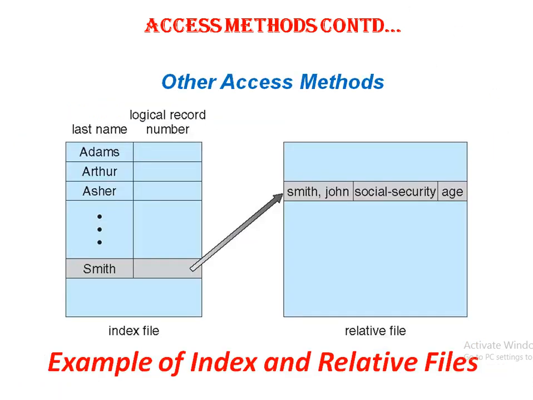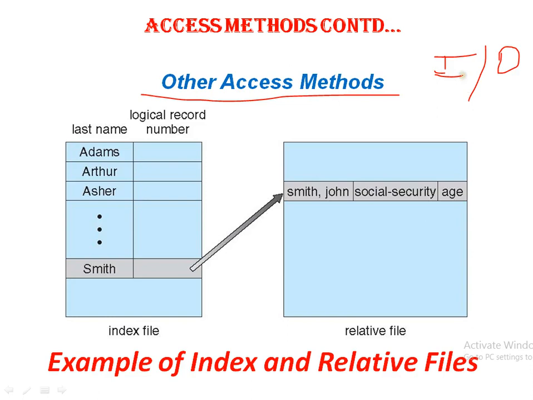Next, the third access method. This structure allows us to search a large file when we are doing certain IO operations.